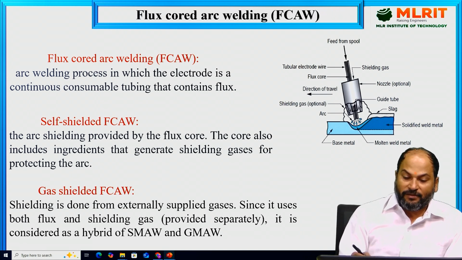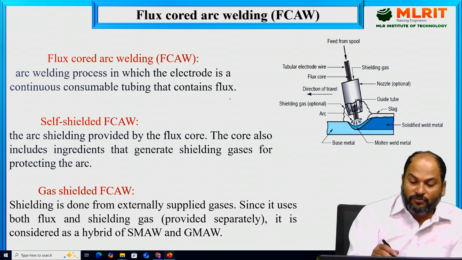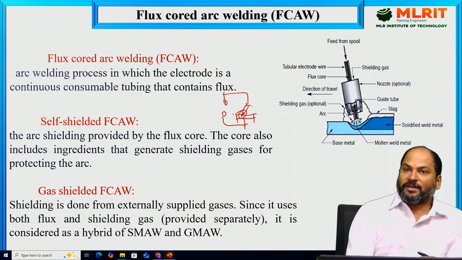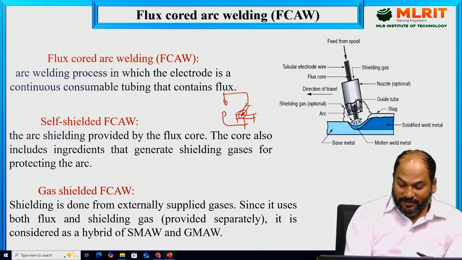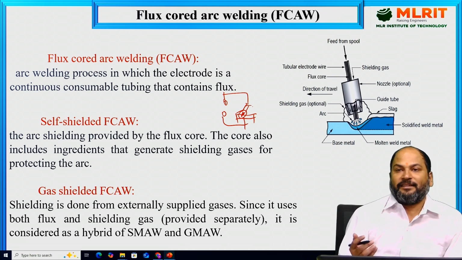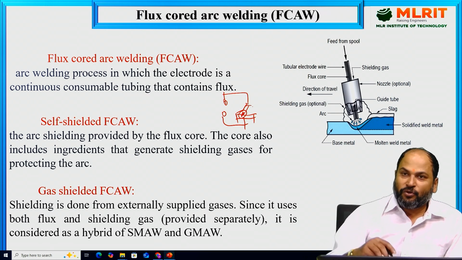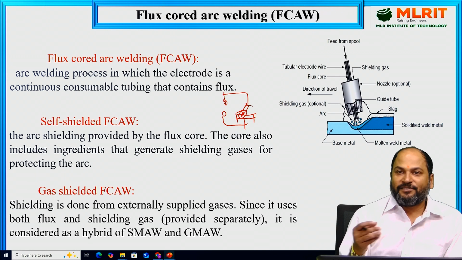This is also arc welding, so the same diagram is going to be valid here: you will have the workpiece, the electrode holder, and your electrode, and the arc will be generated, but there will be a difference. Here there is double shielding, and that is why it is known as a dual shielding process. Dual shielding means a coated electrode as well as shielding gas.